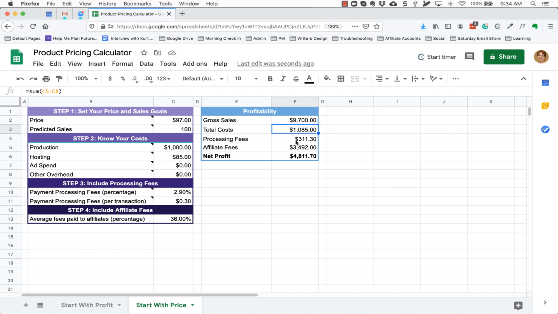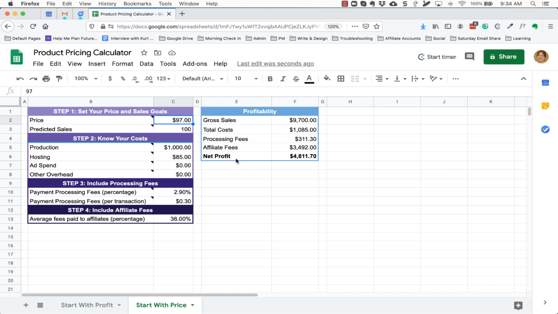I'm going to pay $311.30 to either PayPal or Stripe or a combination of both in payment processing fees. I'm going to pay out $3,492 to my affiliates, and I'm going to walk away with $4,811.70 based on this $97 price tag if I sell 100 of them.